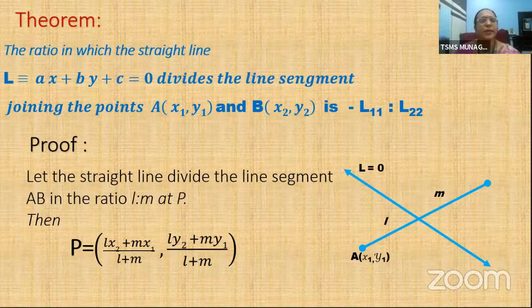Here, this theorem tells us that the ratio in which the straight line L, ax plus by plus c equal to 0, divides the line segment joining the points (x1, y1) and (x2, y2) is minus L11 is to L22. So here we are going to understand the ratio in which a line divides another line joining 2 points.